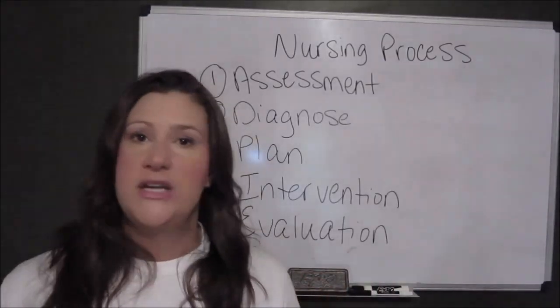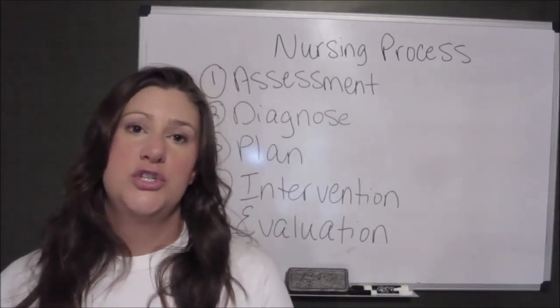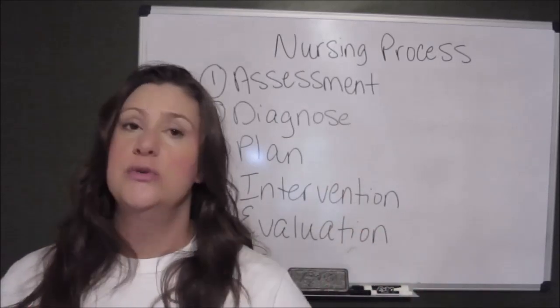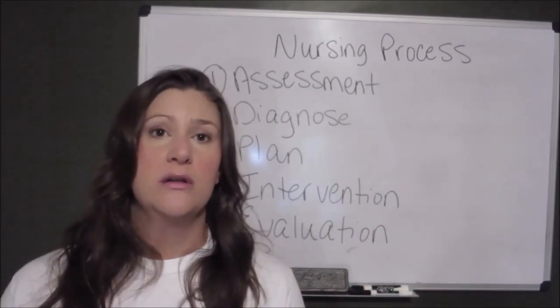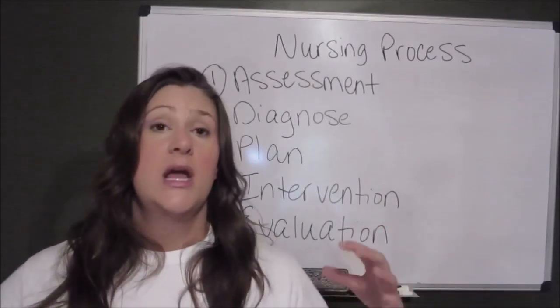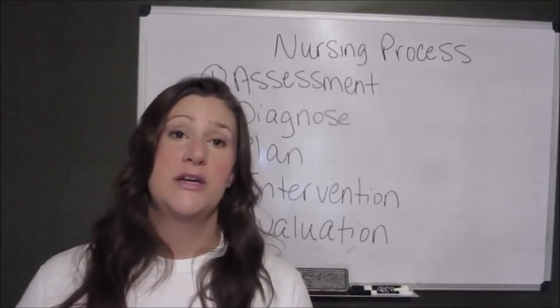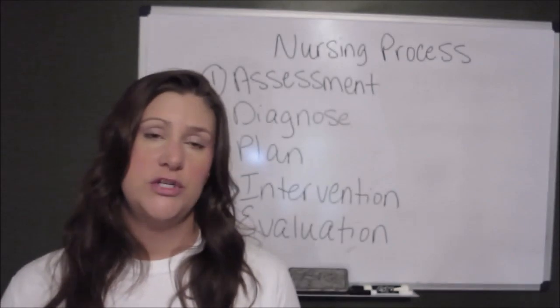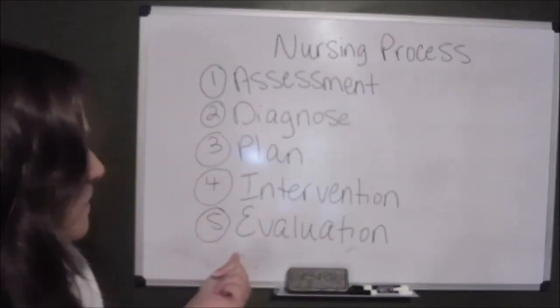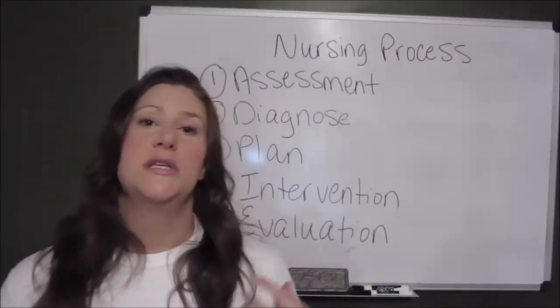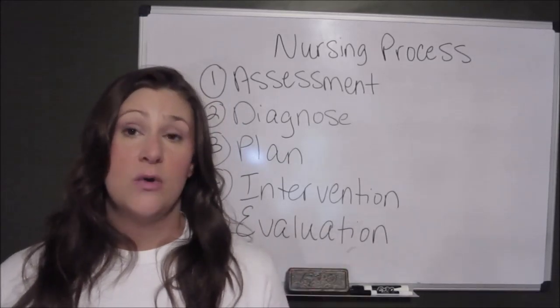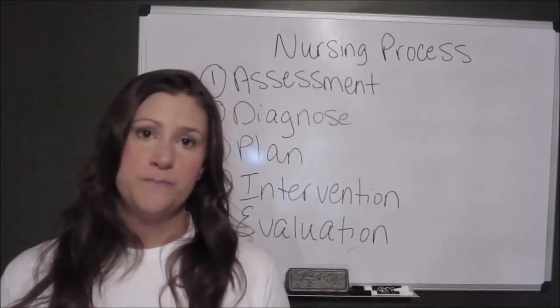Interventions, make sure you cater those interventions to your plan, to your goal. Make sure you include other disciplines like respiratory therapy that come in and do breathing treatments. So make sure you include a lot of interventions to address your goal. And then finally, evaluate it. Was the goal for the day met, or was it not met, and how do you know?